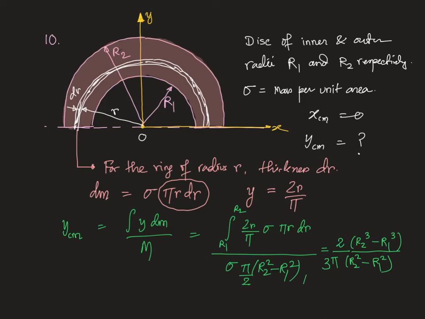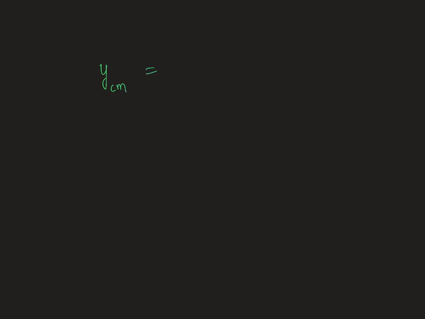I have written this 2 here, because the total mass is pi by 2 times R2 square minus R1 square. So after integrating you get this, and there will be this 2 going upstairs. So YCM is 4 by 3 pi into R2 cube minus R1 cube divided by R2 square minus R1 square.